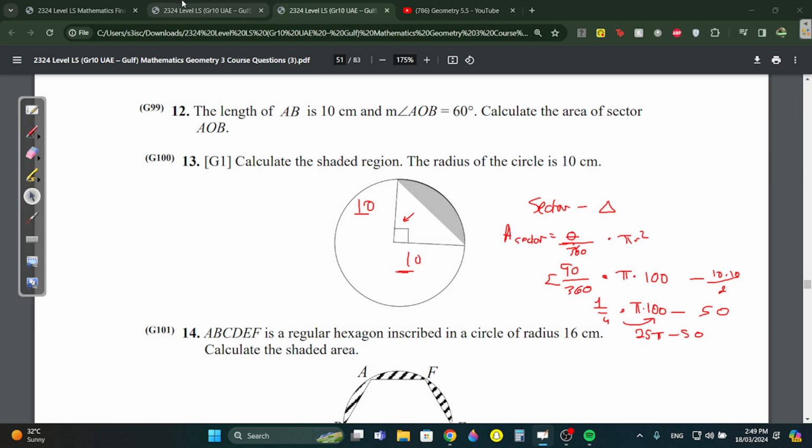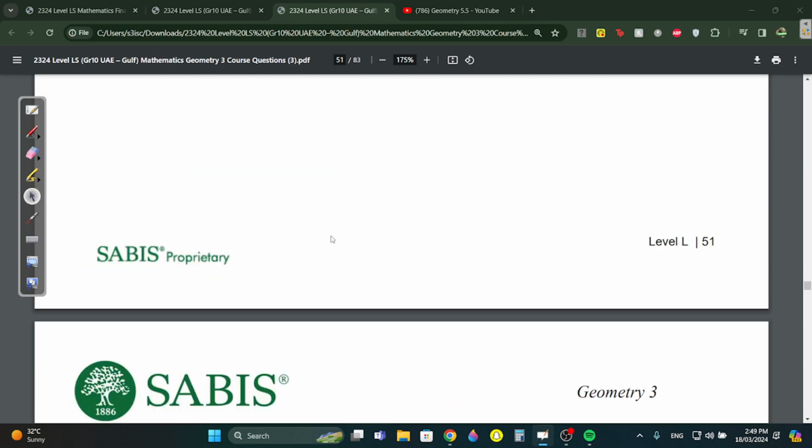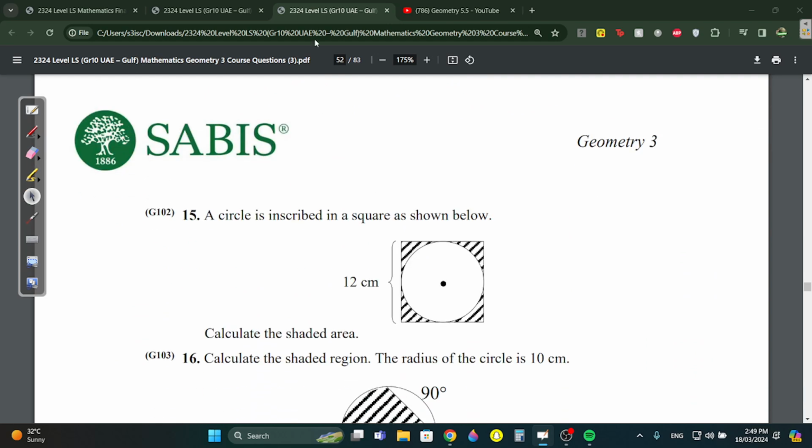I don't know, do they keep it like that or do they factor out 25? They factor out 25, and it becomes pi minus 2. I think everybody knows how to factor. That's the answer: the shaded region is 25 times pi minus 2. We did this in the quiz. They could get something like this, honestly.